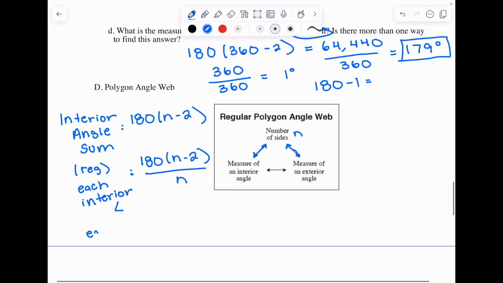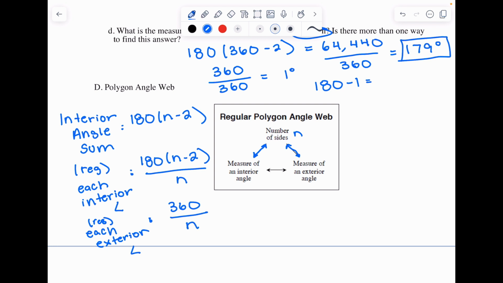To find the measure of each exterior angle for a regular polygon, since I know that all of the exterior angles always add up to 360 degrees, I can just divide 360 by how many I have, and it'll tell me what each exterior angle measures.